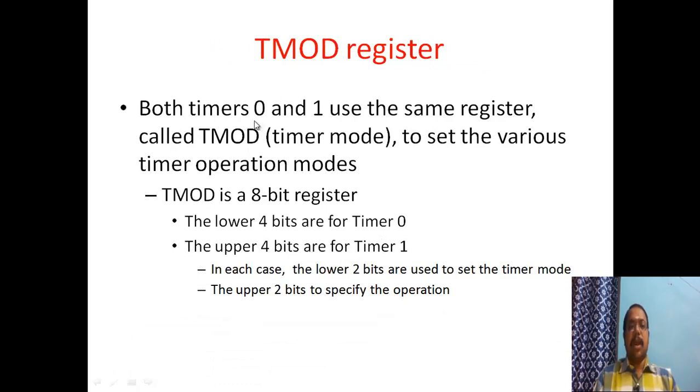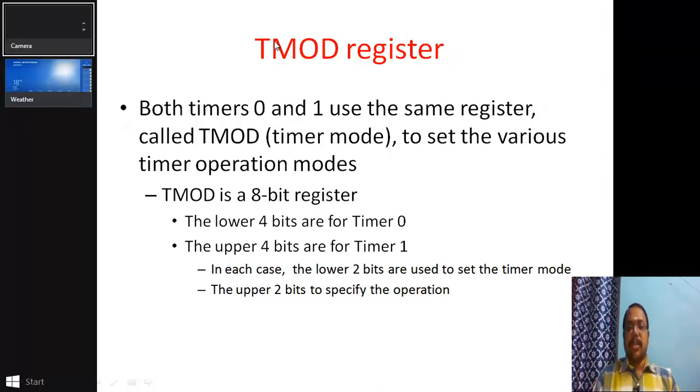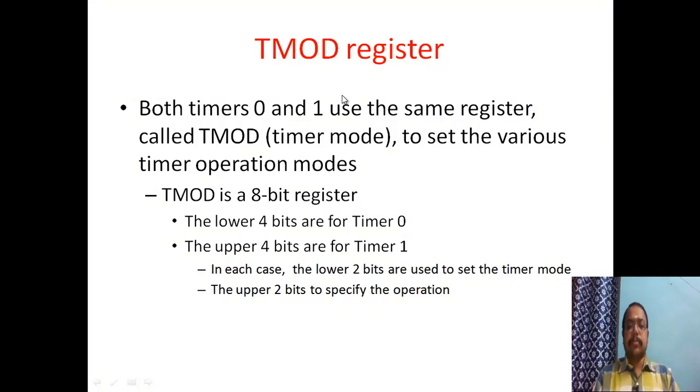So let us see the TMOD register. Both timer 0 and timer 1 use the same register. There is only one TMOD register, and it is used by both timers. The lower order 4 bits are for timer 0, and the higher order 4 bits are for timer 1.